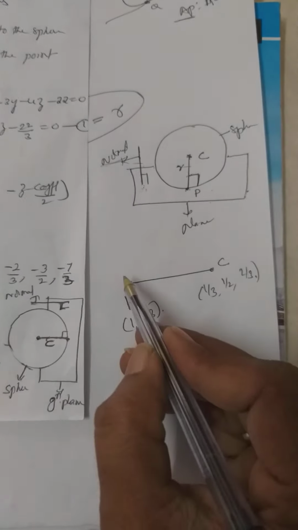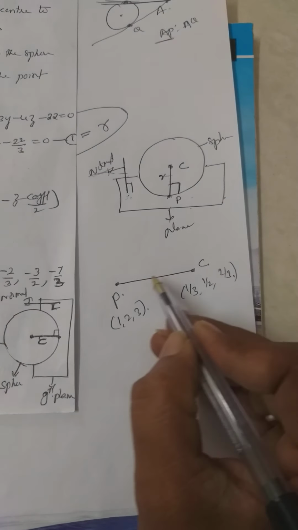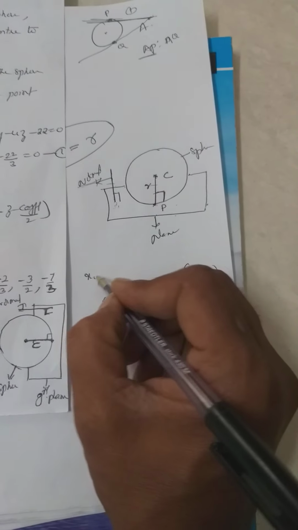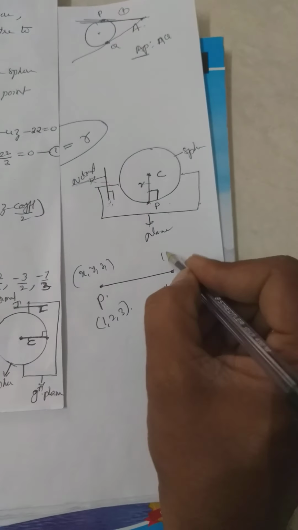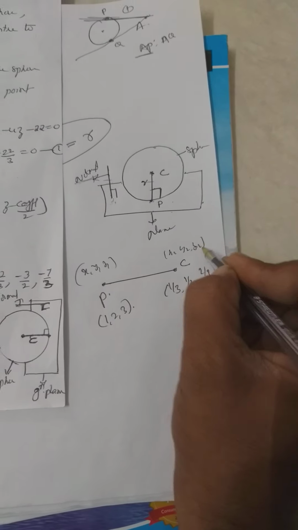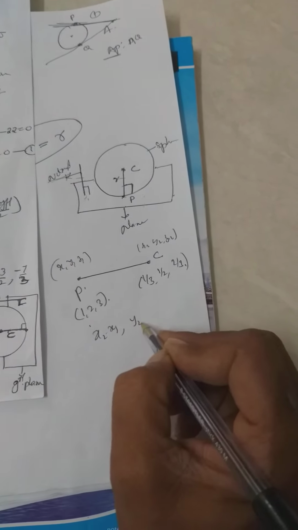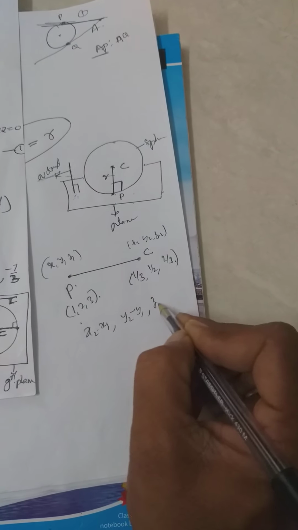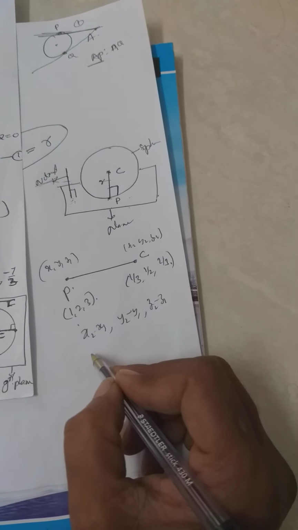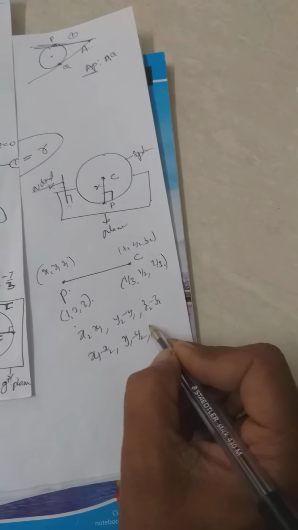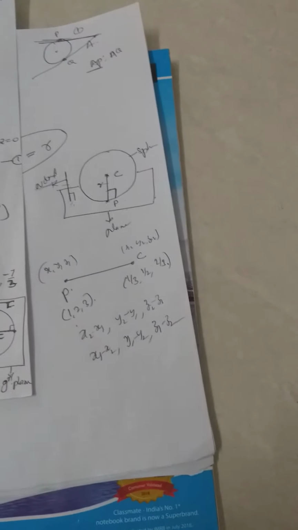Right? Now, if you want to find the direction ratios of a line passing through 2 points, the formula is: say the first point is (x1, y1, z1) and the second is (x2, y2, z2), then the direction ratios are x2 minus x1, y2 minus y1, z2 minus z1, or else x1 minus x2, y1 minus y2, z1 minus z2.